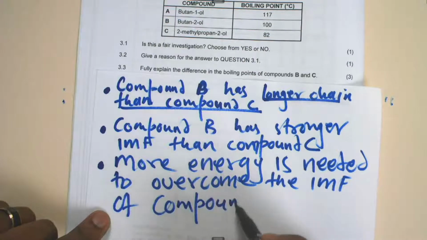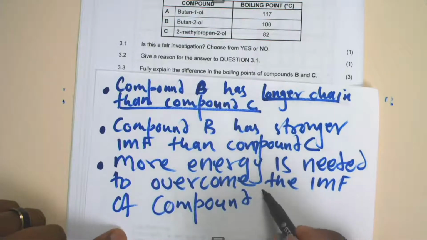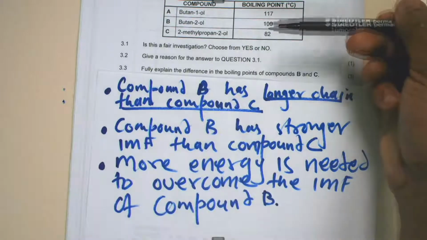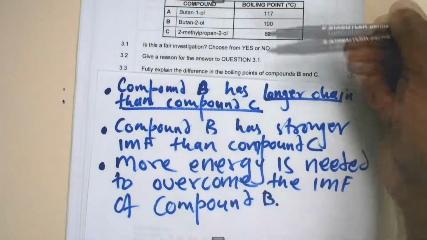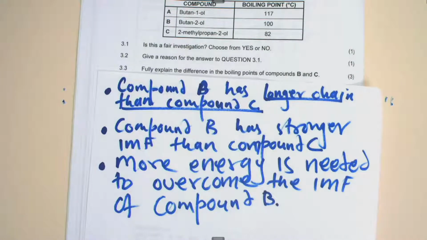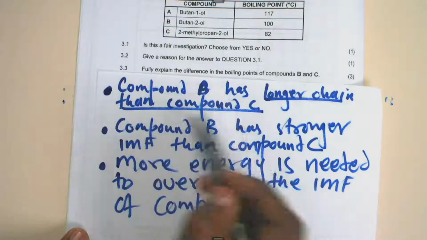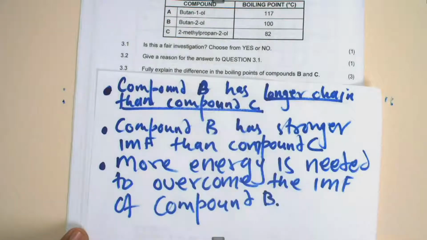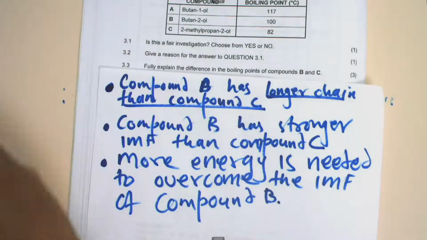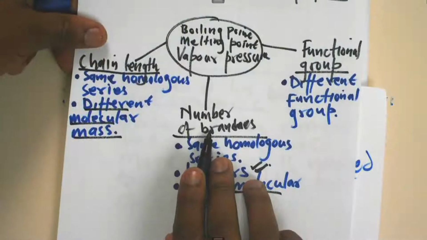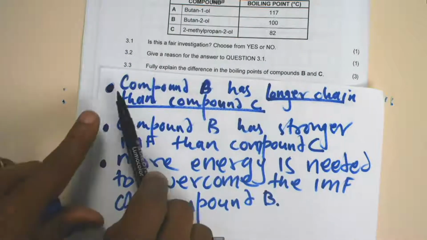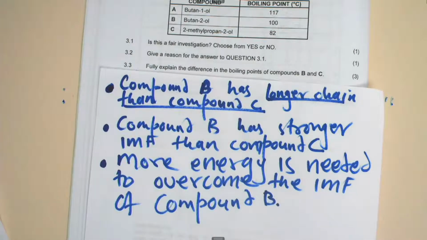I must commit myself here to say it is for compound B. Hence, compound B has a higher boiling point than compound C. So this is what the examiner is looking for. The first one is what factor, and how does that factor influence boiling point. So we have identified that the factor is the number of branches. So whatever you say here at bullet number 1 should be in relation to the number of branches.